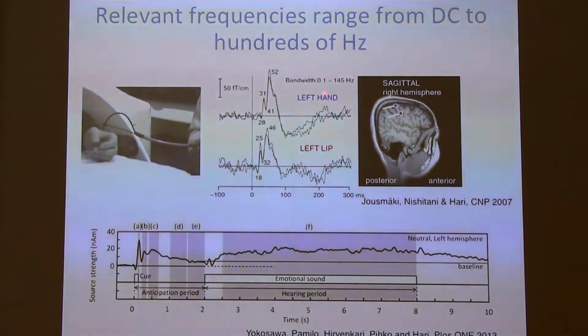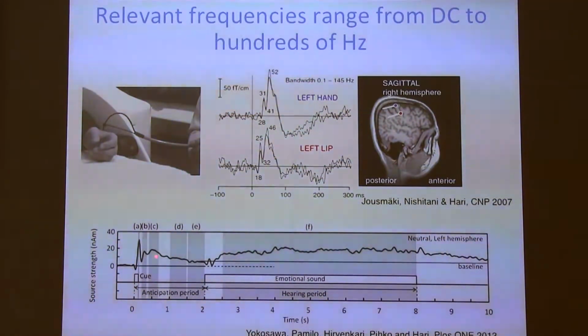Here the bandpass has been up to about 150 hertz, and we can separate in a clear and replicable manner, as you see from the replications of the same measurements, several deflections in this evoked response, and they of course have also clinical importance. In this case we have presented very long emotional sounds that have lasted each of them from 2 to 8 seconds, that is 6 seconds altogether.